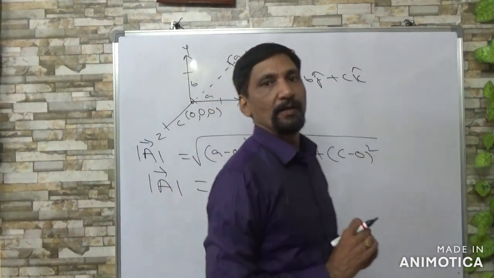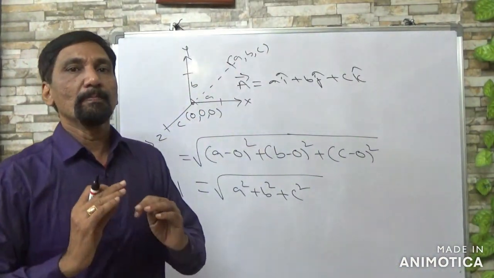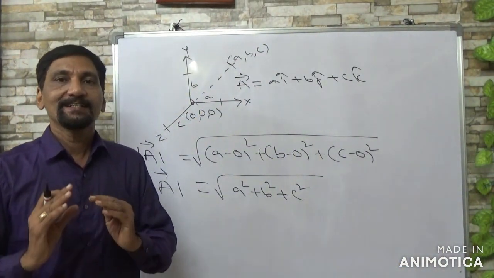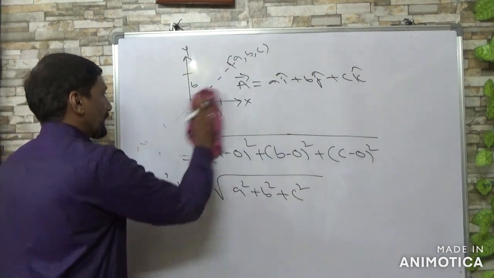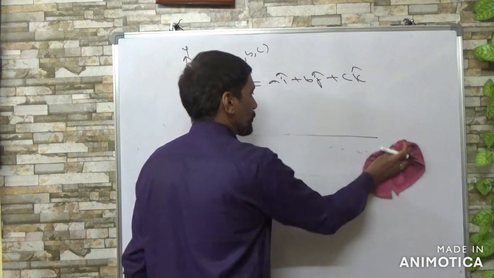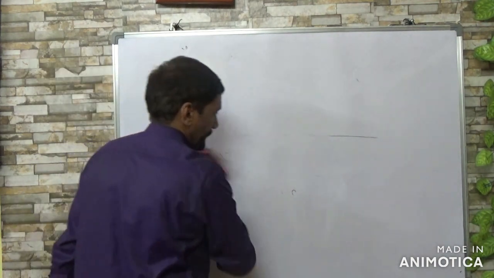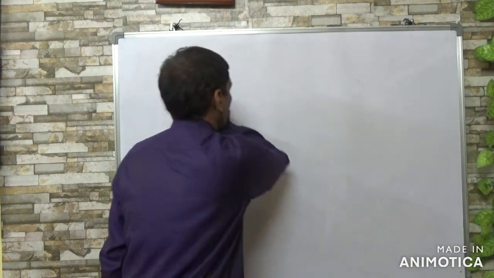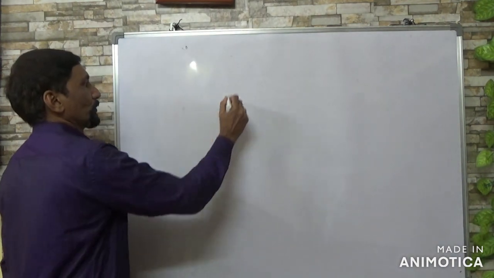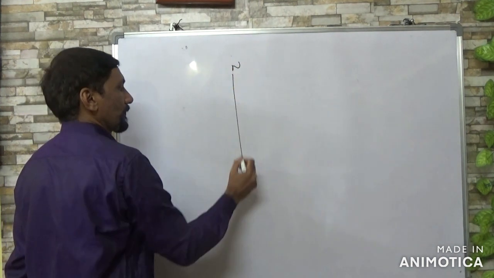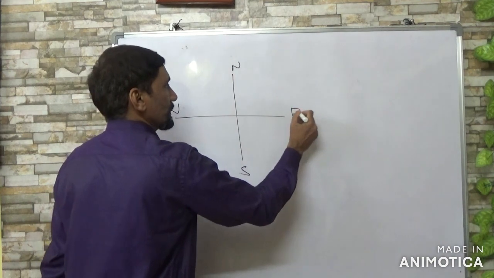Remember, a vector means a physical quantity which has got magnitude as well as direction. Now let us take another problem related to direction. North, south, west, east.